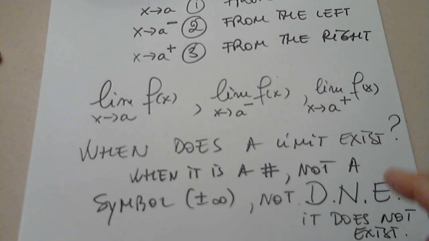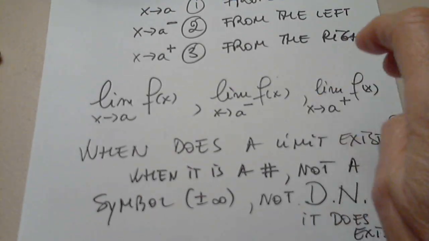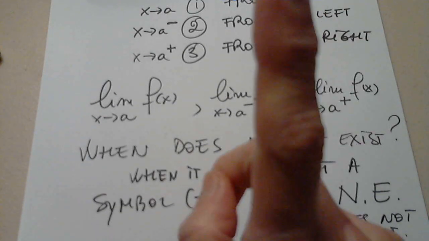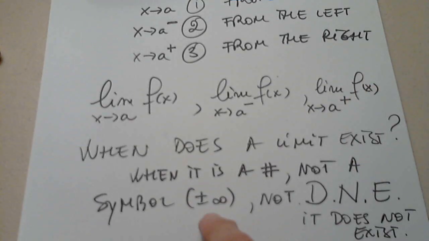Limit of f of x as x approaches a from the right, if I can say 0, negative 3, 100. But if I say that this limit is infinity or negative infinity, I'm automatically saying DNE, but I have to write positive or negative infinity.